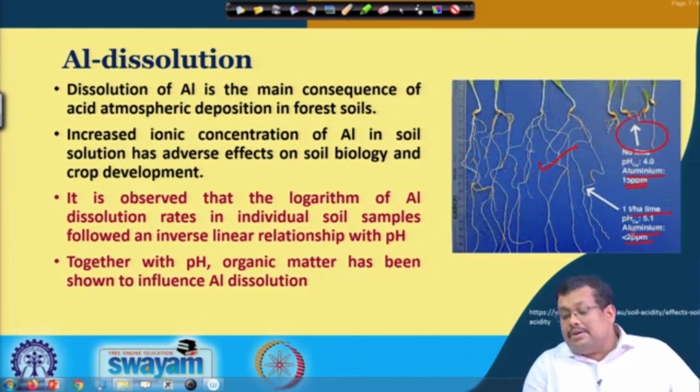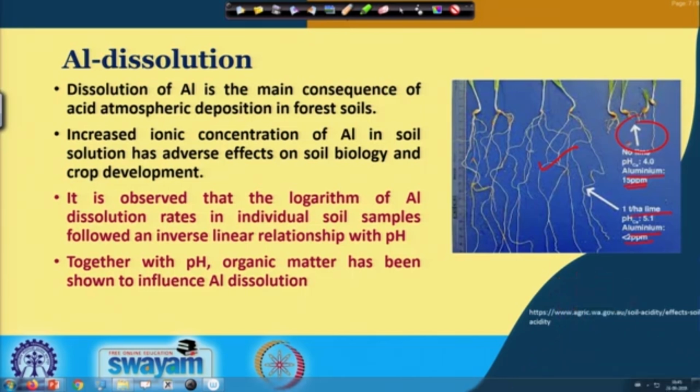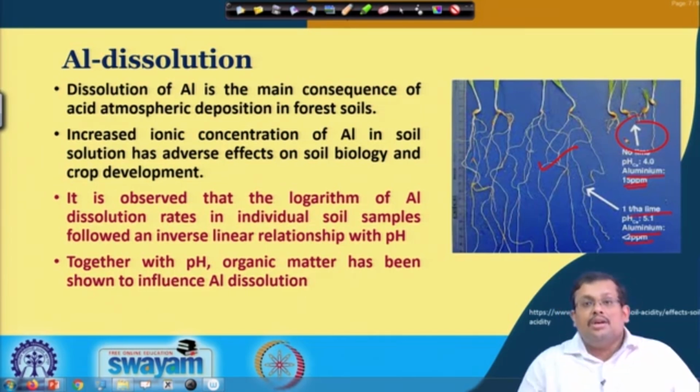So, obviously, when we are adding lime to neutralize this acidity, we can see that there is normal growth of the roots. However, when there is no application of lime, obviously the concentration of aluminum increases, which adversely affects the root growth, which you can see in this picture.